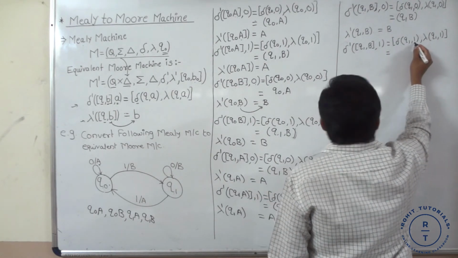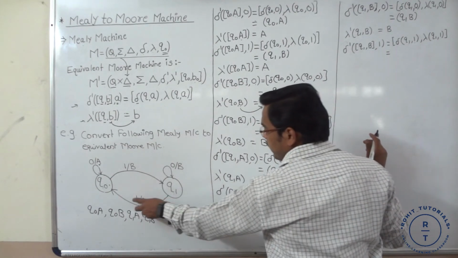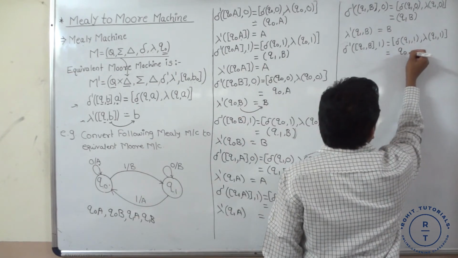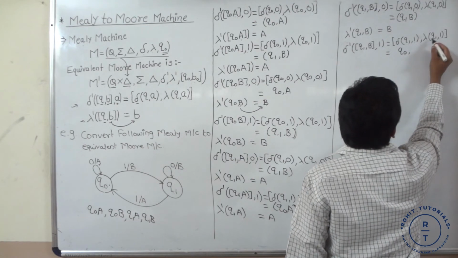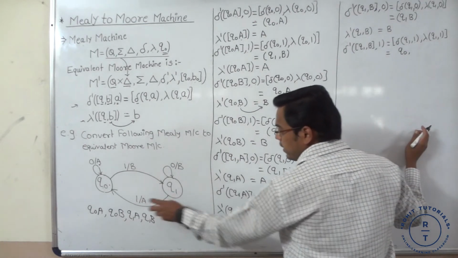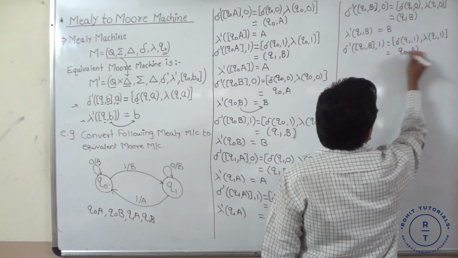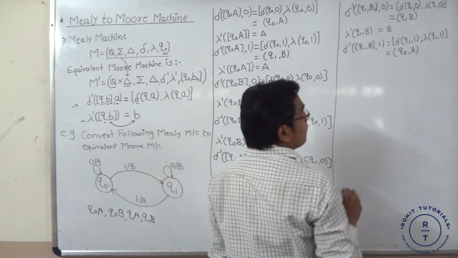The transition of Q1 state on input 1 goes to Q0. And next, for Q1 state when 1 occurs, what is the output? The output is capital A. This is the newly generated state.